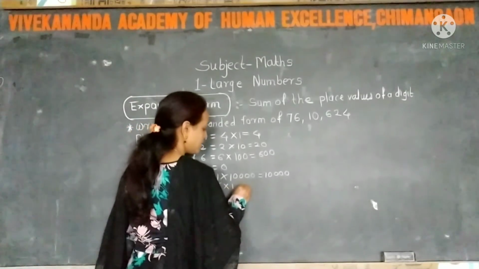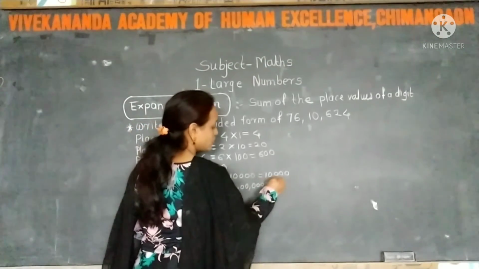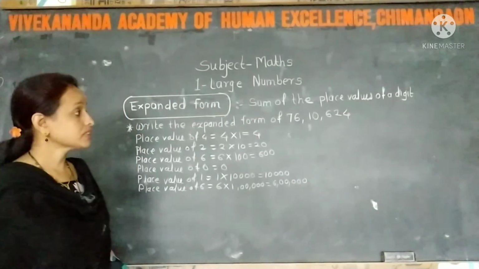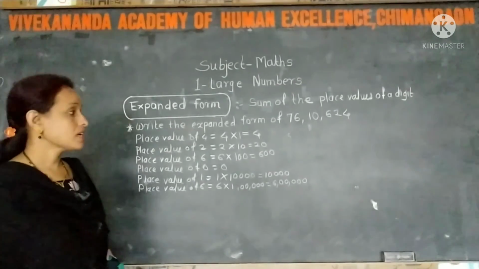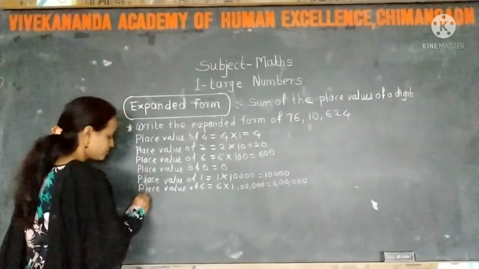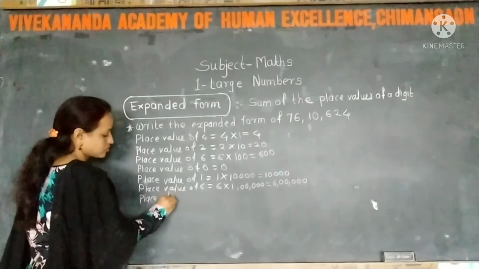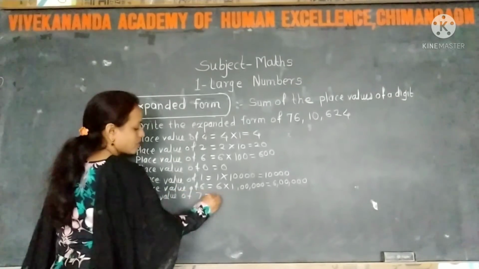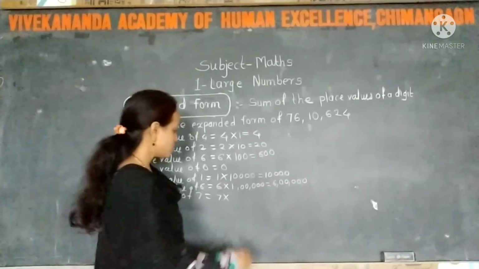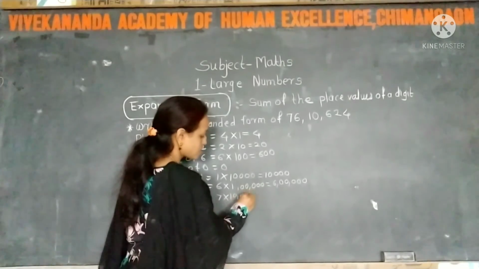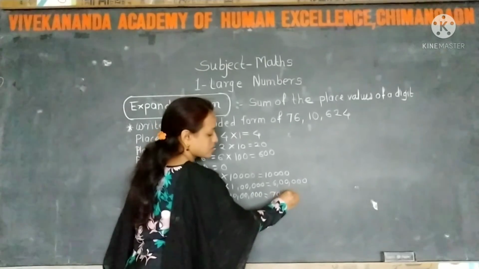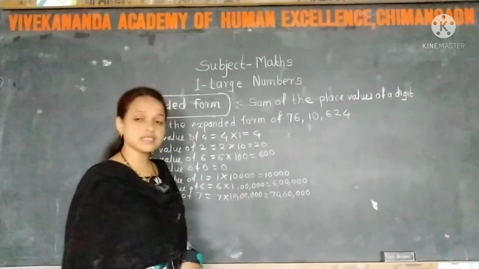So 6 multiplied by lakh, we get 6 lakh. Next digit is 7. Digit 7 is at the 10 lakh place. Face value of 7 is 7 and it occupies the 10 lakh place. So 7 multiplied by 10 lakh. Place value of 7 is 70 lakh.